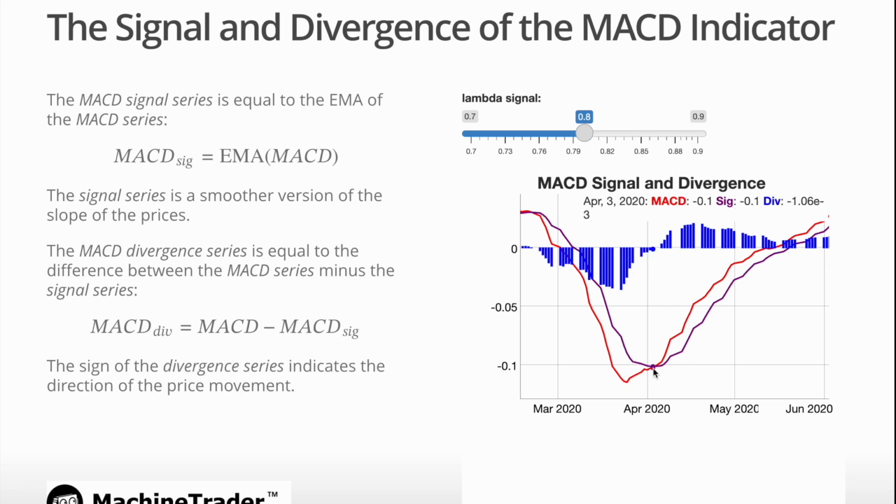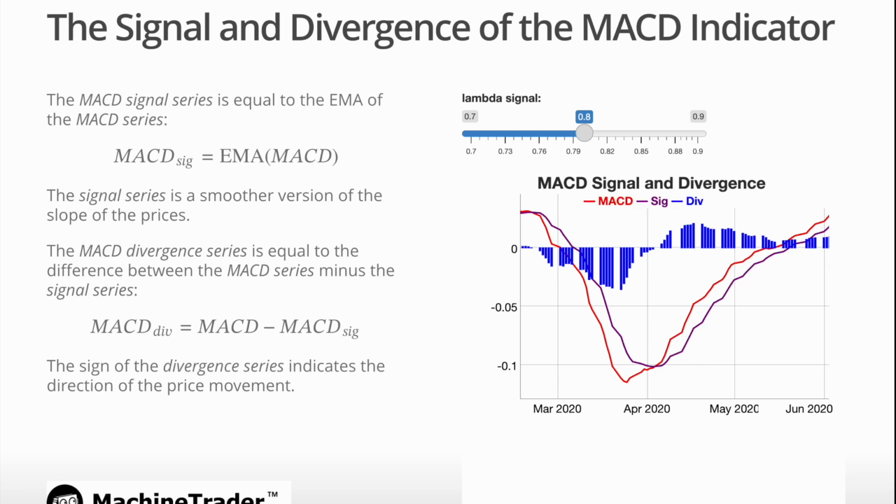So we can see now that the blue bars change sign when prices start rising. Pretty much very close to where the prices start rising. So the prices bottom out maybe in mid-March, and by the beginning of April, the MACD divergence is already switching sign to indicate the prices started rising.